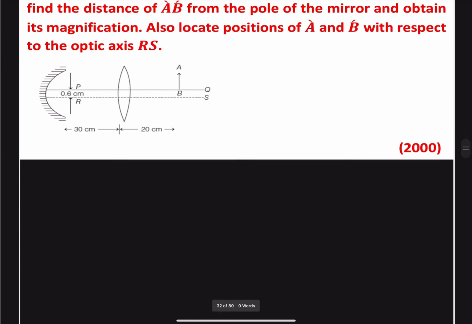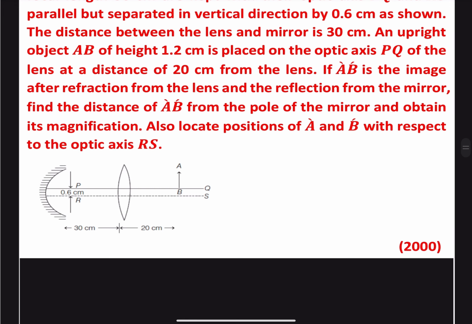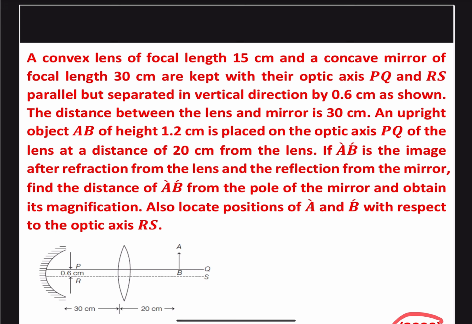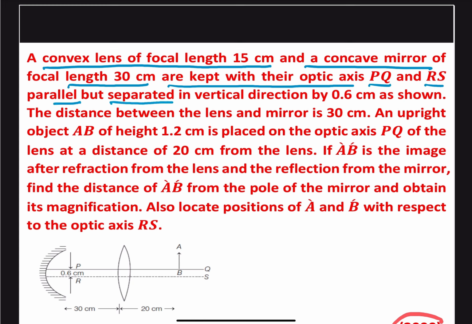Next question. It was also asked in the year 2000, and it states that a convex lens of focal length 15 cm and a concave mirror of focal length 30 cm are kept with their optic axes PQ and RS parallel but separated in vertical direction by 0.6 cm as shown. The distance between the lens and the mirror is 30 cm.